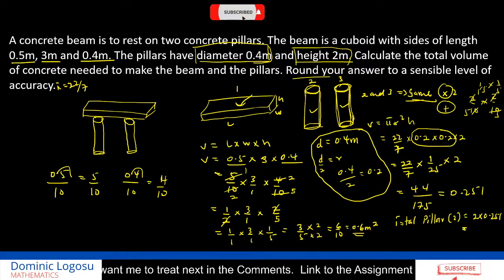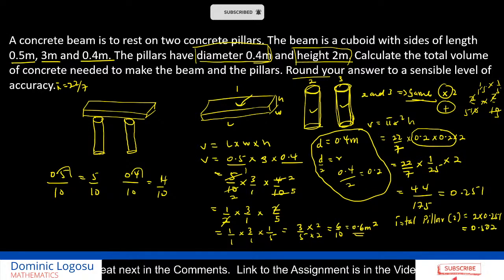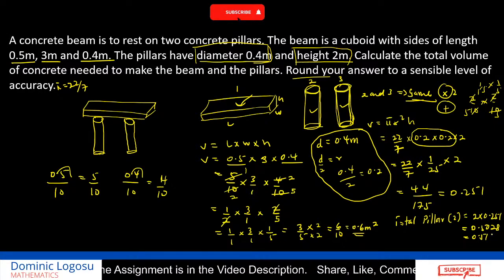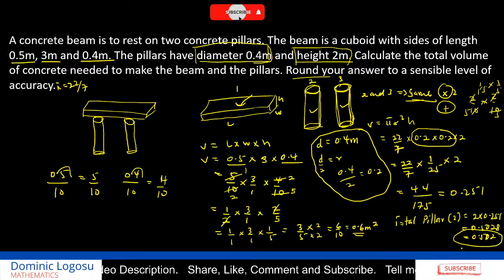Should give us 0.5 something. 0.502. Okay, so I end at 0.502, or you can write 0.5.